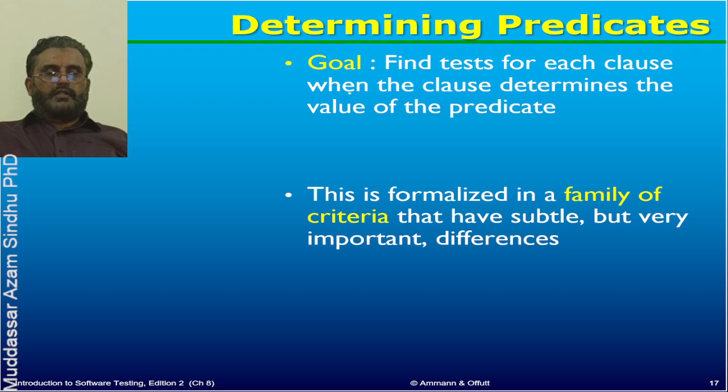So determining predicates' goal is to find tests for each clause when the clause determines the value of the predicate. This is how we can make clauses determine the predicate. This is formalized in a family of several criteria that have subtle but very important differences, and we will discuss these in the next few videos.